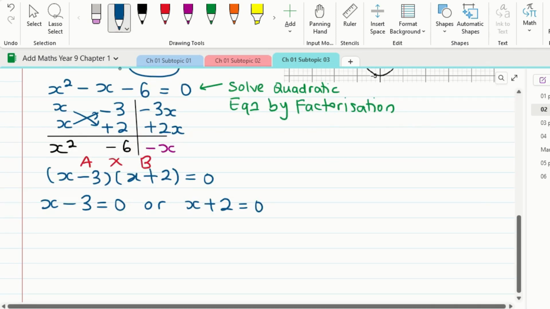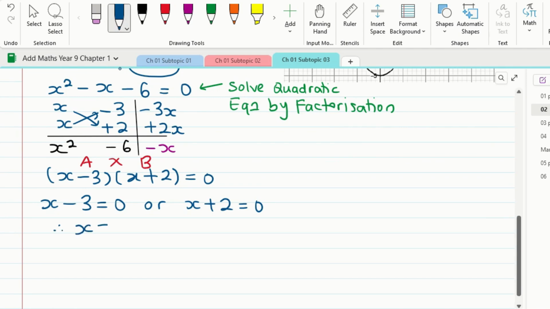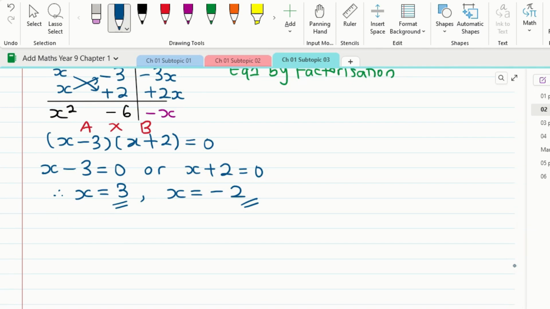So here, therefore, the first x is equal to 3, or you can put comma x equals negative 2. So this is your solution for the values of x. And now, for both values of x, you must also get the values of y for each.